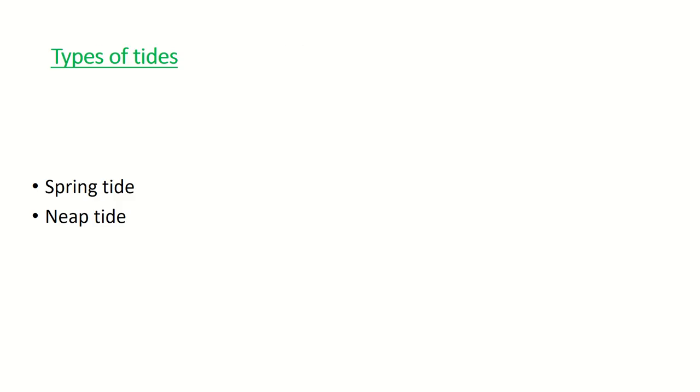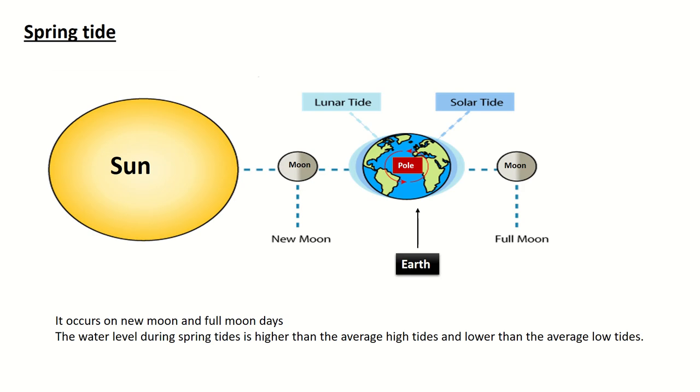Now, types of tide. There are two types of tide: one is spring tide and the second is neap tide. In this picture, we will learn what spring tide is.